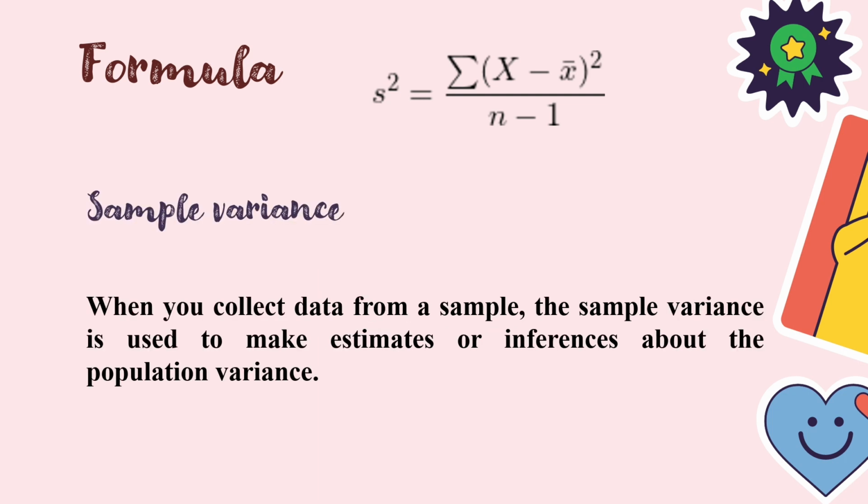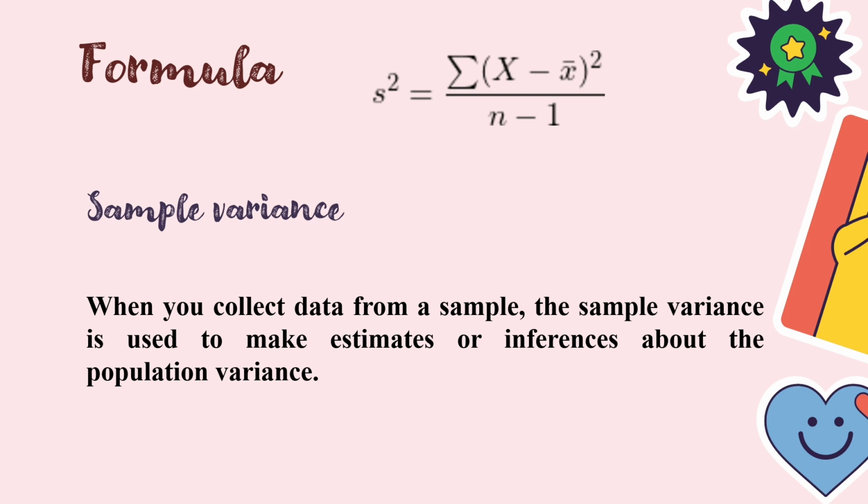Meanwhile, when you collect data from a sample, the sample variance is used to make estimates or inferences about the population variance. The sample variance formula looks like this: sample variance is equal to the summation of (x minus the mean) squared over n minus 1, wherein the n here is in lowercase.